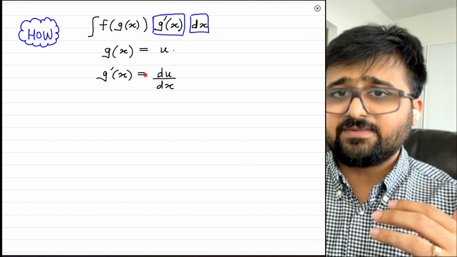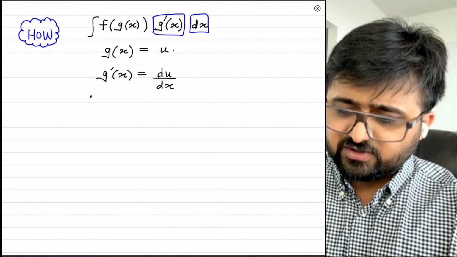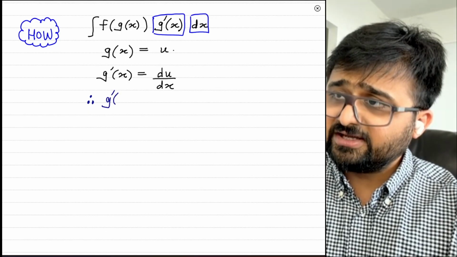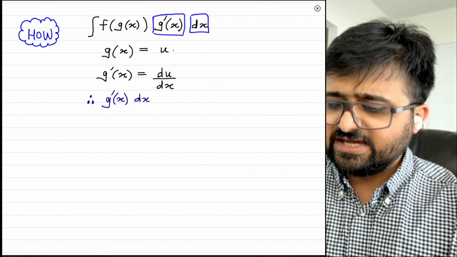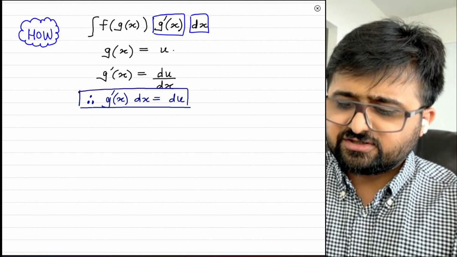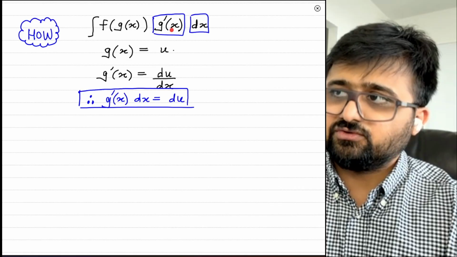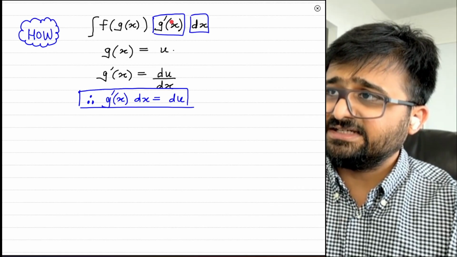If you just multiply by dx on both the sides, what you get is g dash of x times dx is equal to du. So these two terms combined can be written as du. Now you are able to convert that dx in terms of du.